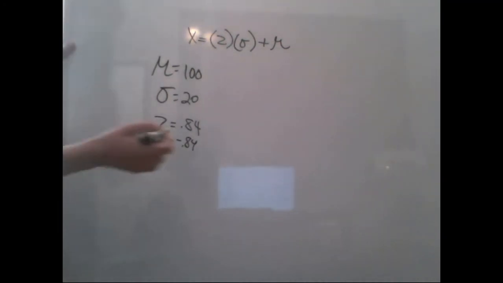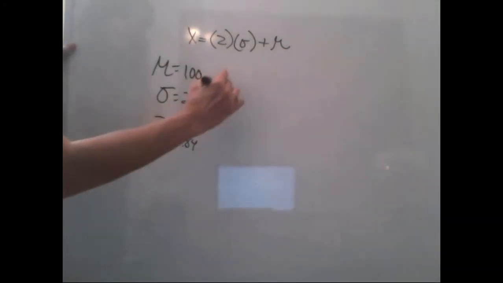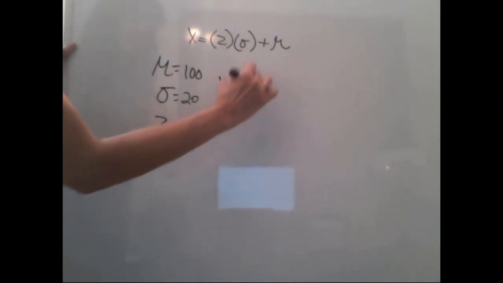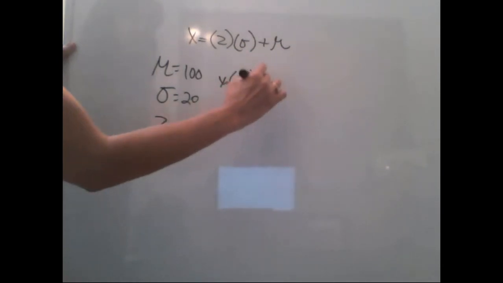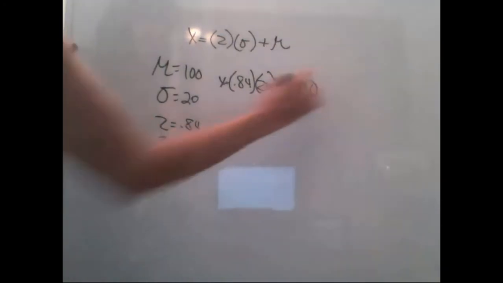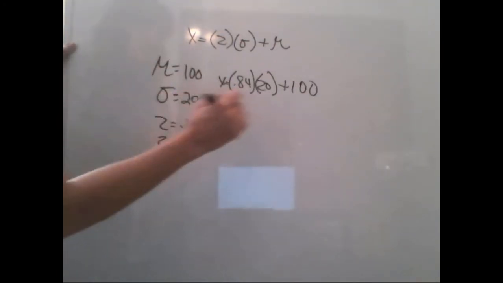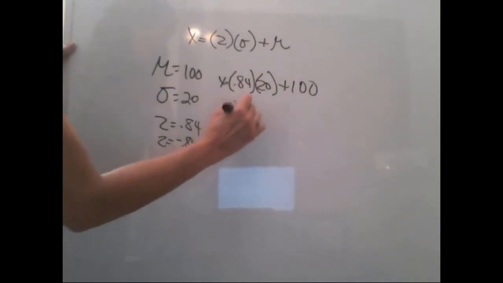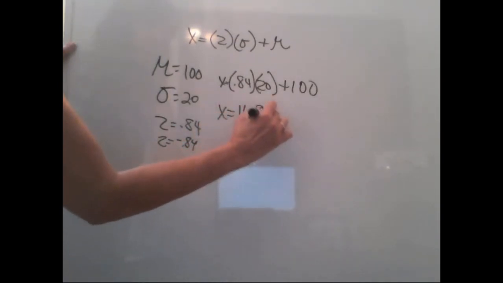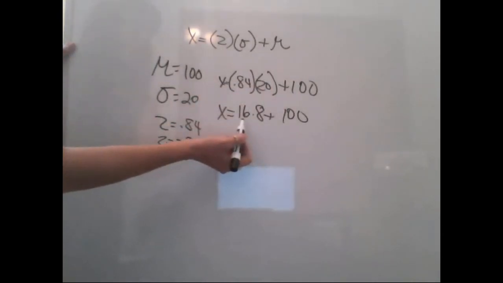So the first one, let's do the positive one first. So we have x is equal to our z of 0.84 times our standard deviation of 20 plus our mean of 100. So that means x is equal to 16.8 plus 100. 0.84 times 20 is 16.8.